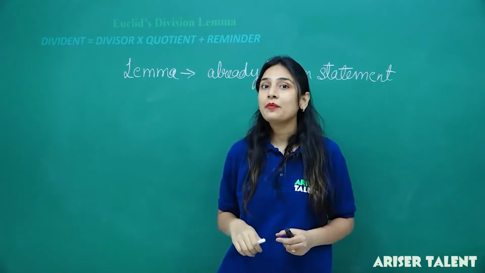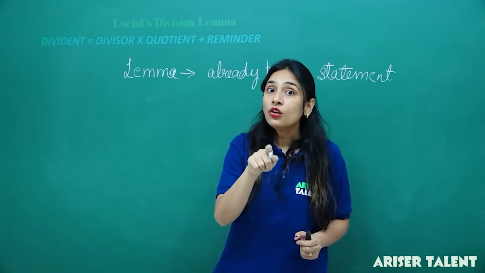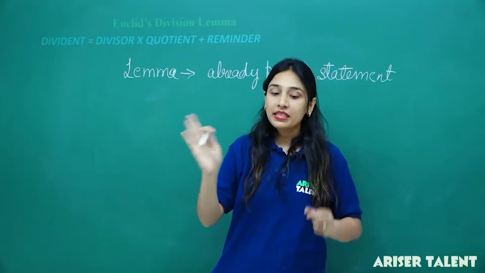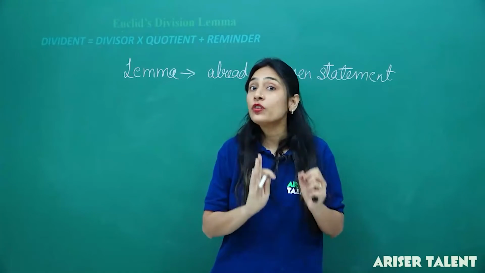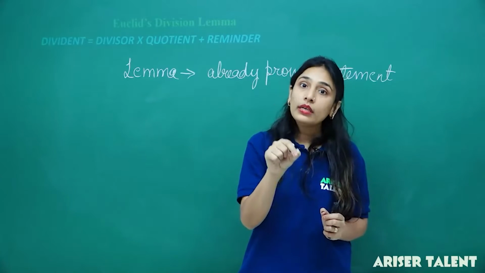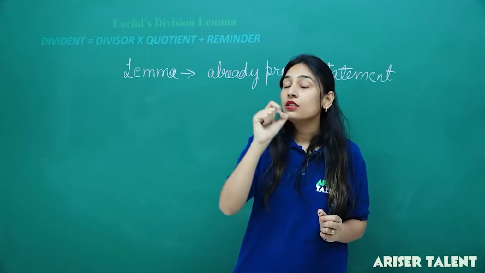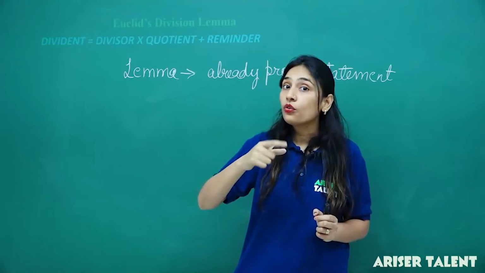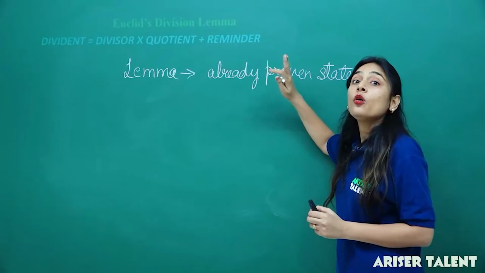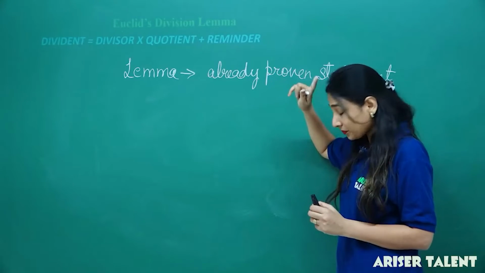Now your mother's statement is like a lemma, because whatever your mother will say to your ma'am will be considered as an already proven statement that it is the correct situation. So whether what you told your ma'am is right or wrong will be decided as per your mother's statement. So your mother's statement is lemma, right?